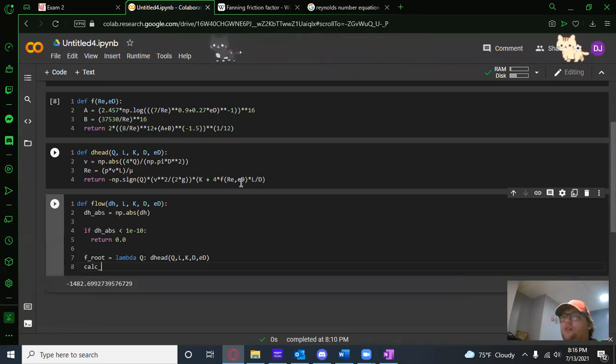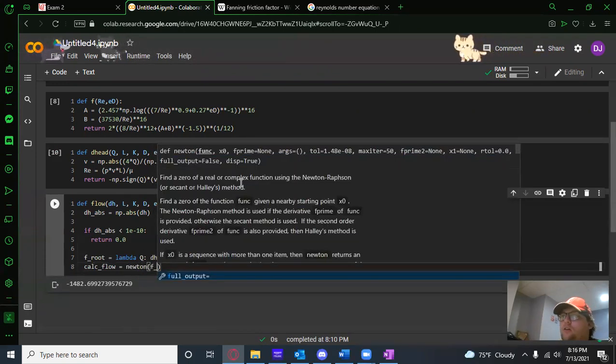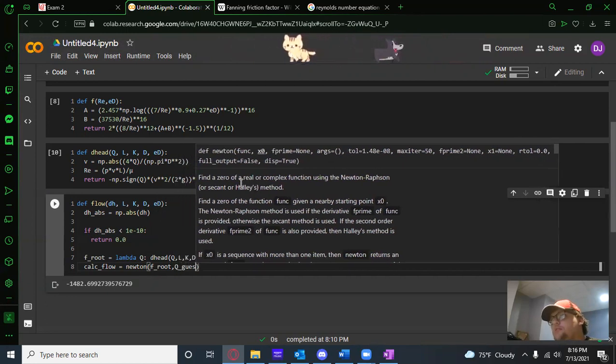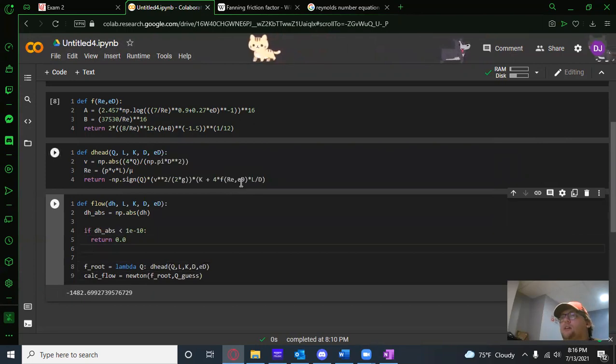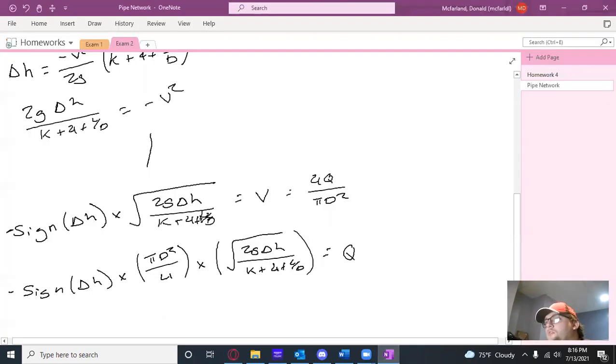So we're going to call this calc flow, the Newton, our function f root, and then our initial guess. So we're just going to type Q guess. To calculate our Q guess, basically we're using this equation right here, minus the sign, because we're getting a positive.